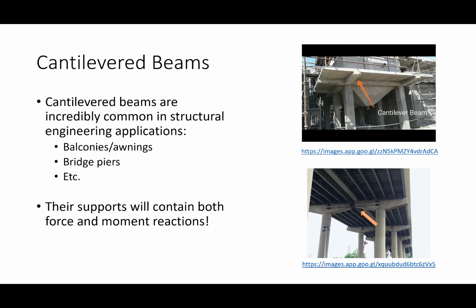Common examples of that include balcony type structures in building systems. I mean, there's balconies and mezzanines all over the place in commercial structures. So you're going to see cantilevers quite a bit in those contexts.